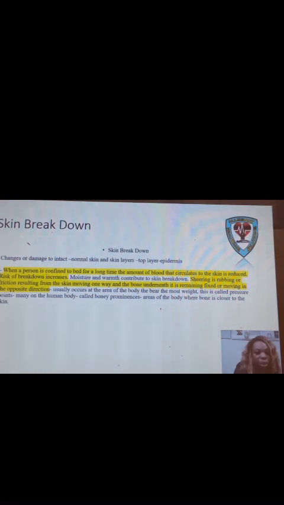Many pressure points are on the human body. They can also be called bony prominences. Bony prominences are areas of the body where bone is closer to the skin. And you want to protect the skin by placing pillows in between those bony prominences.